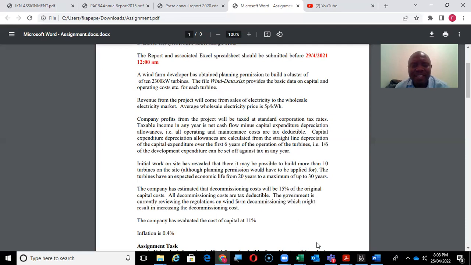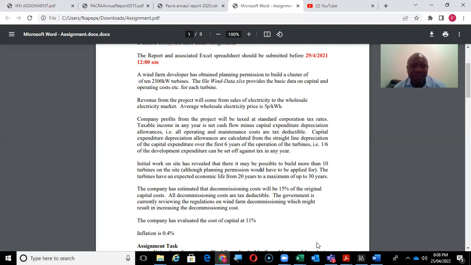The turbines have an expected economic life from 20 years to a maximum of up to 30 years. The company has estimated that decommissioning costs will be 15% of the original capital costs. All decommissioning costs are tax deductible.